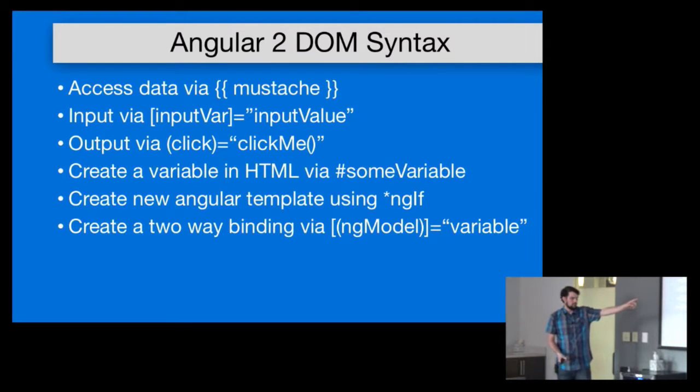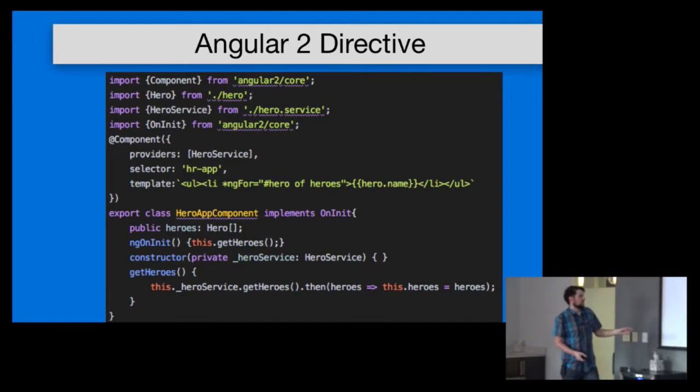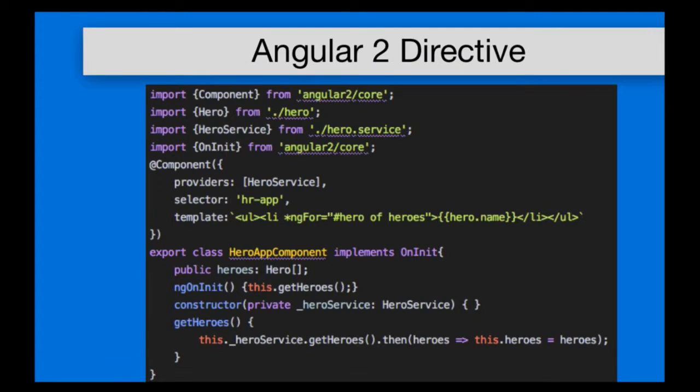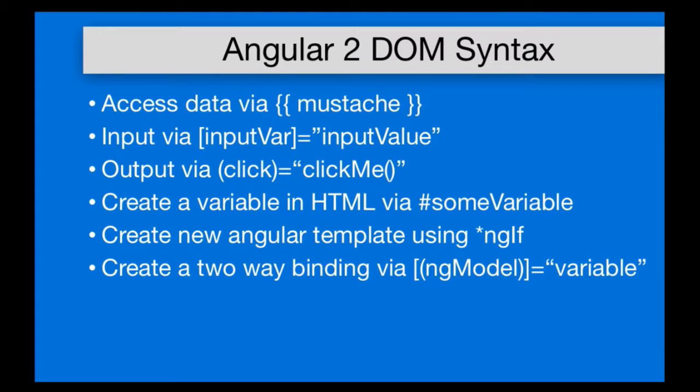Here we can actually see that the hashtag creates that variable for you, so you can see it before you run it, which is what we're doing here. We're creating this hashtag hero of heroes, and then we can repeat that for every time around on the li element. And Angular will create a new template anytime the star is used.